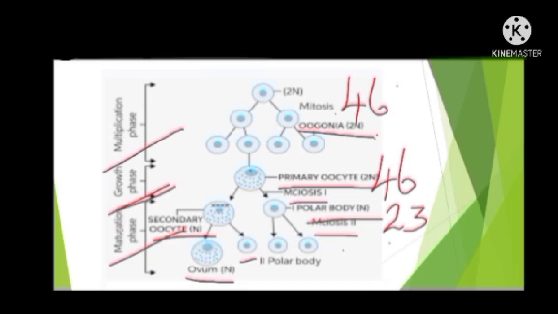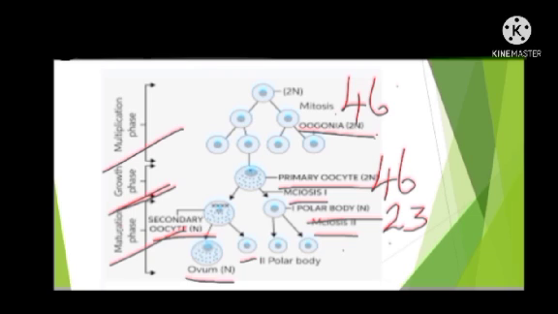Is it clear? When a sperm comes in contact with the secondary oocyte, it undergoes the second meiosis and produces two unequal cells. The large cell, which has more nutrient-rich cytoplasm, is the ovum and the small cell is the tiny second polar body. Thus an ovum is formed as a result of oogenesis.